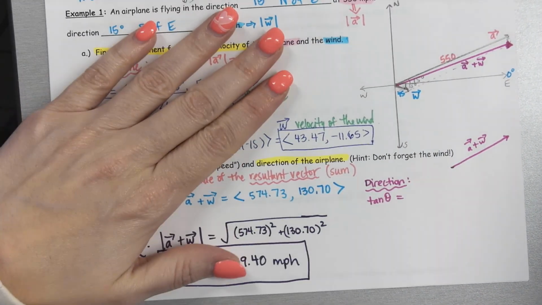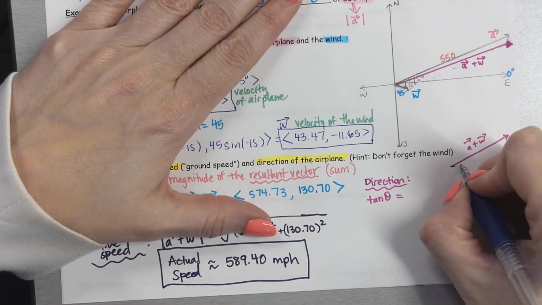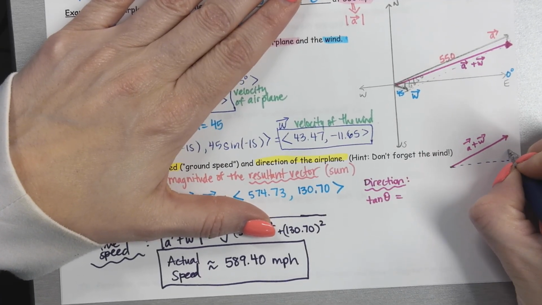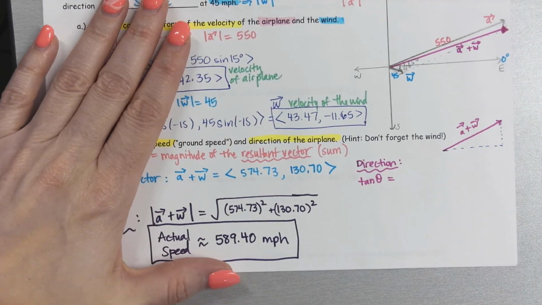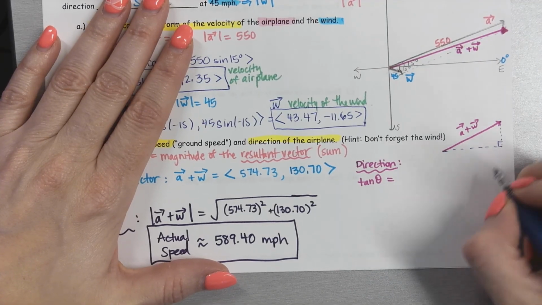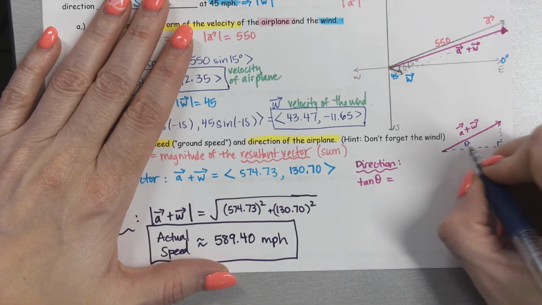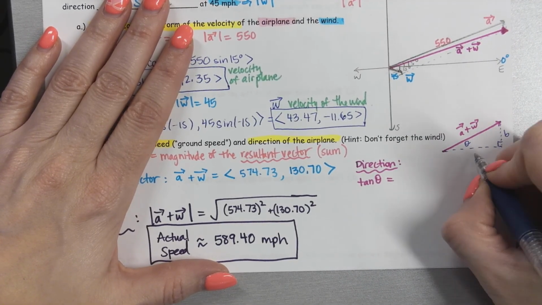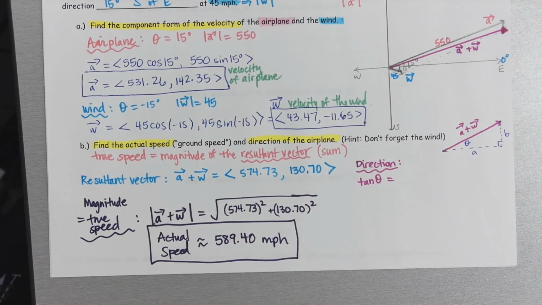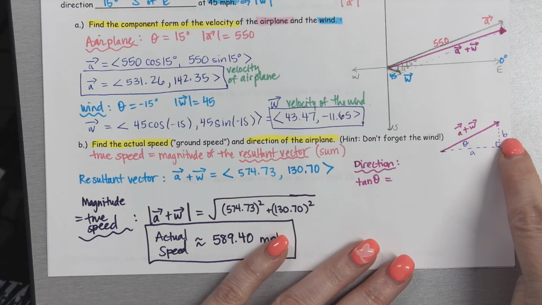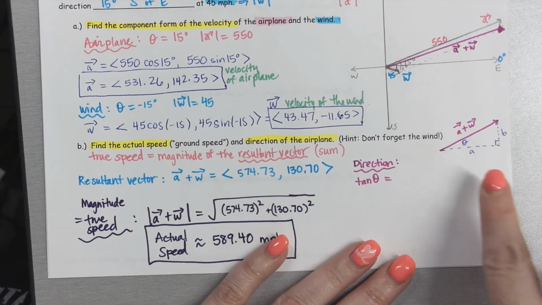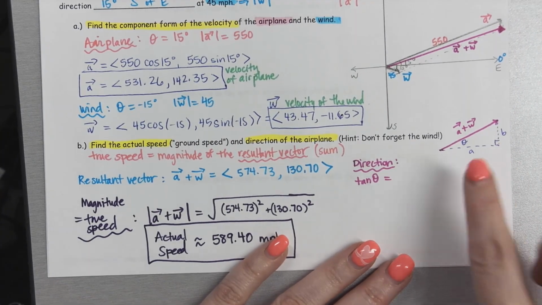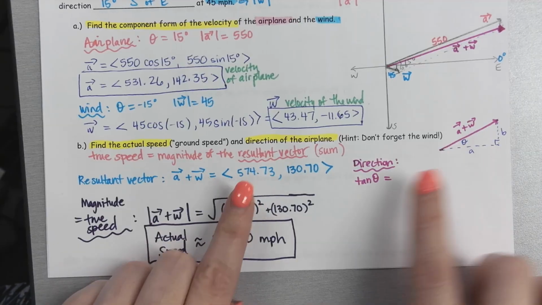What you have is a right triangle. In the right triangle, when you are solving for theta, the tangent is B over A, right? The B is the vertical component, the A is the horizontal component. That's what you found here.